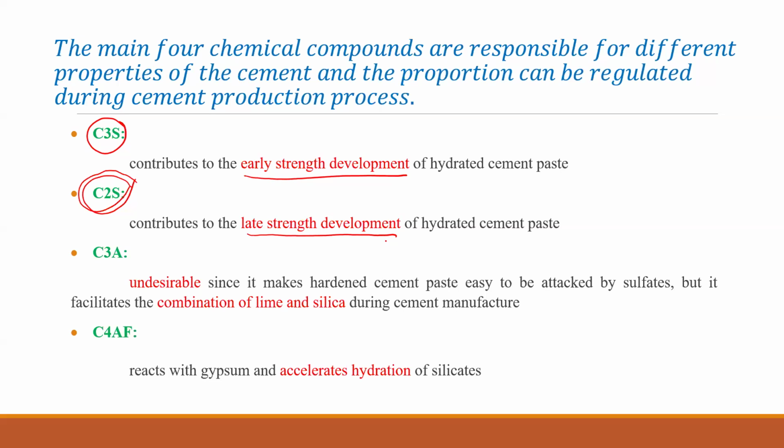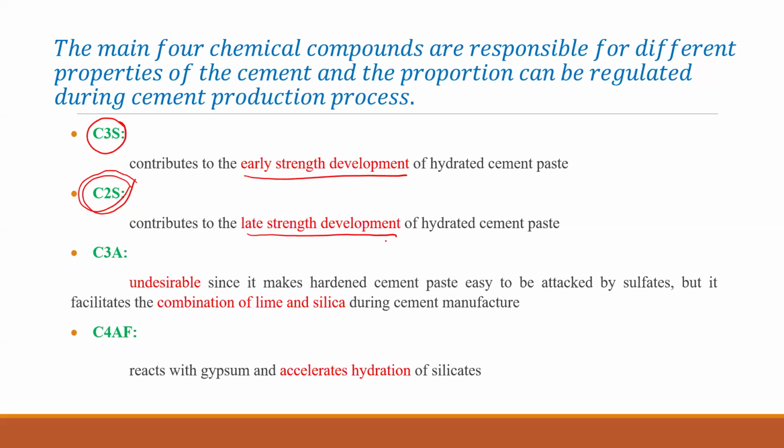Also, on a hot summer day, cement hardens quicker because of the environmental temperature. Before you pour into your formwork, if the cement has hardened, that will be a problem. So sometimes you have to delay the strength gain. In that case, we need to select a cement with higher C2S.